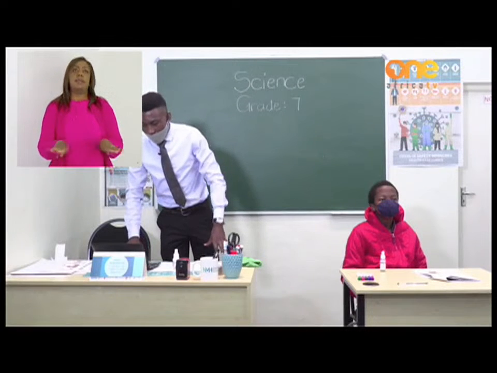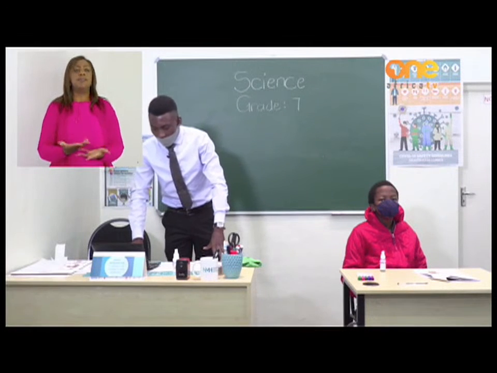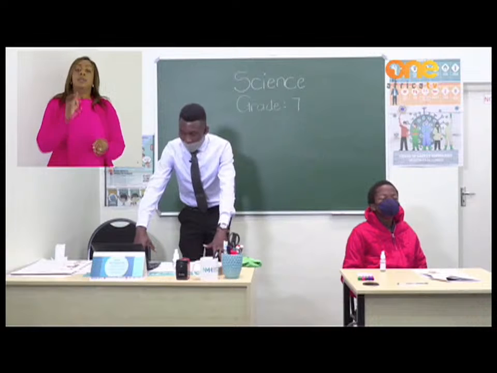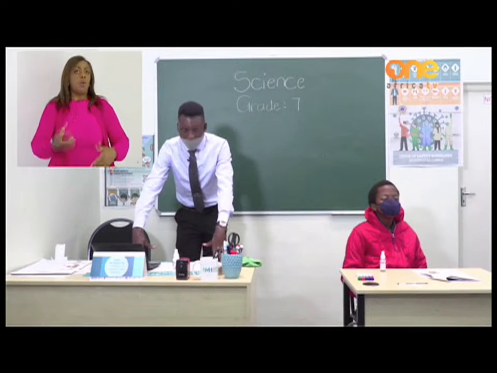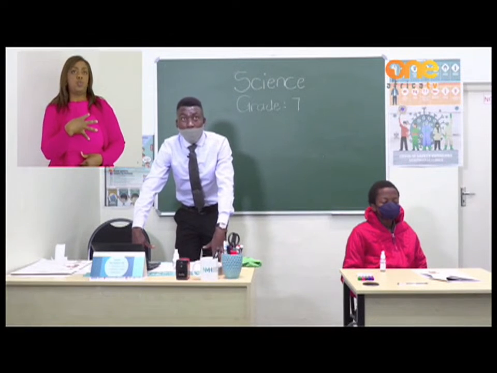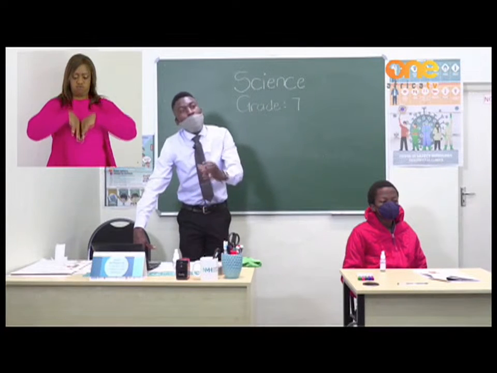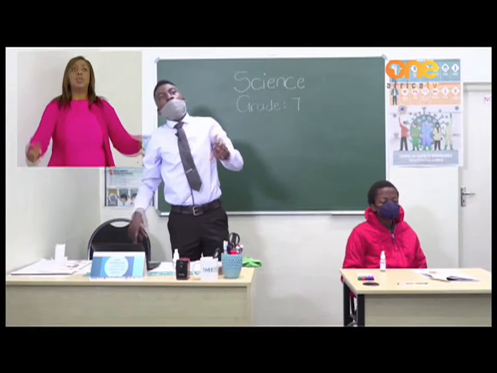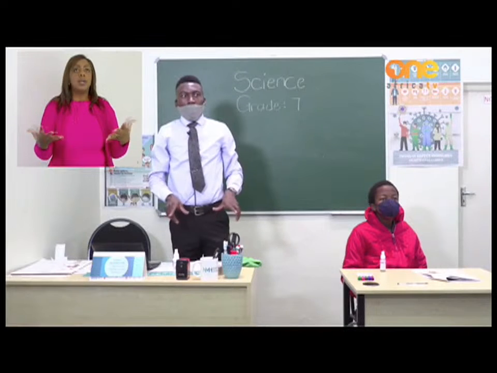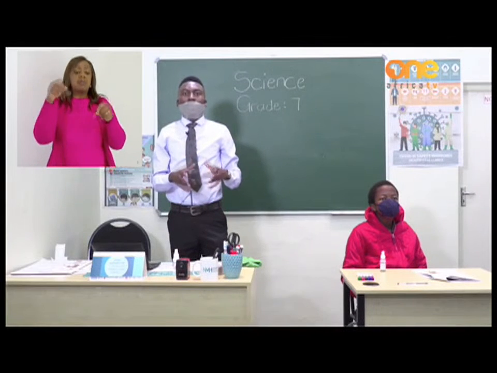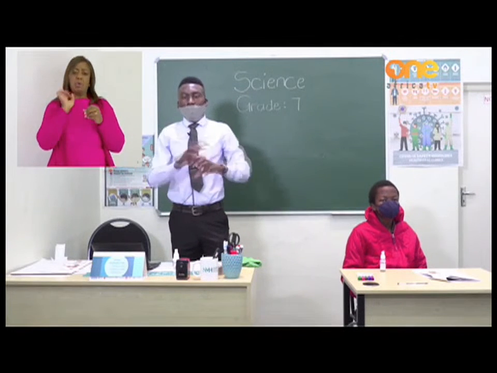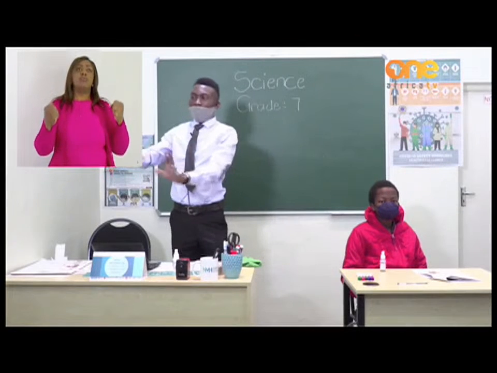And then the last thing that we have looked at is how HIV and AIDS attack and destroy the body's immune system. Once HIV and AIDS enters your body, it attacks and destroys your body's immune system, specifically the white blood cells.